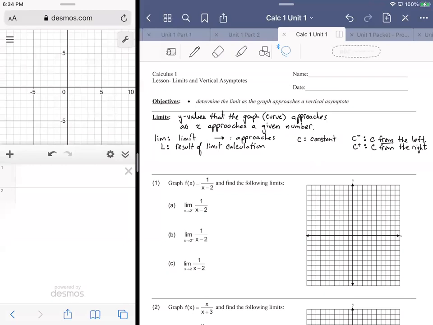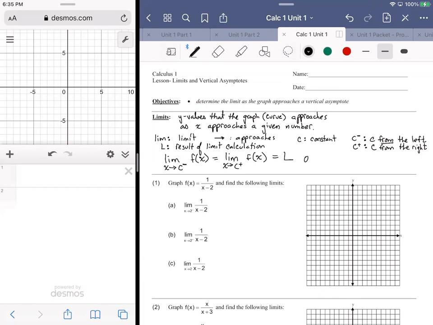So we're going to say LIM x sideways arrow C with that little minus of f of x, and lim x sideways arrow C from the right of f of x is equal to L. All right.